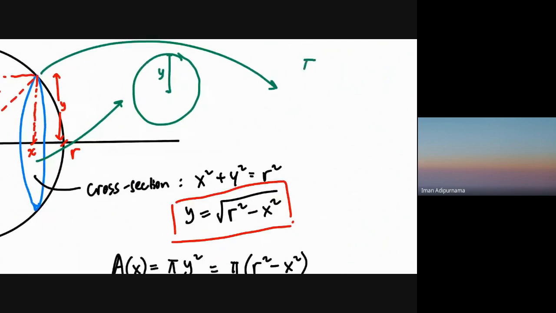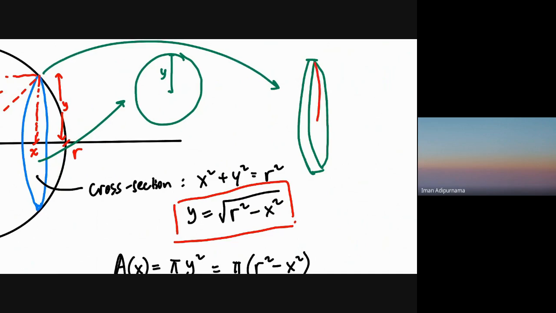So we will have a tube like a disc, right? So this is y, and this will be dx. Do you see what I'm doing here?